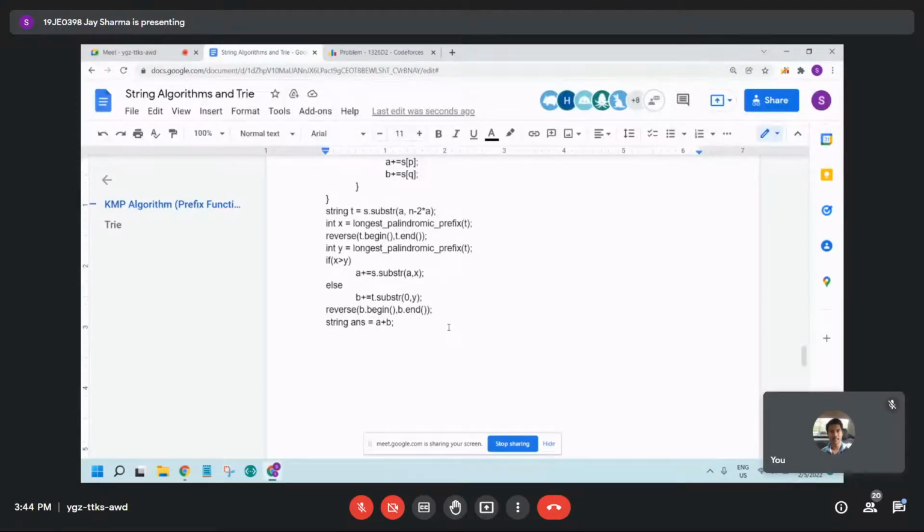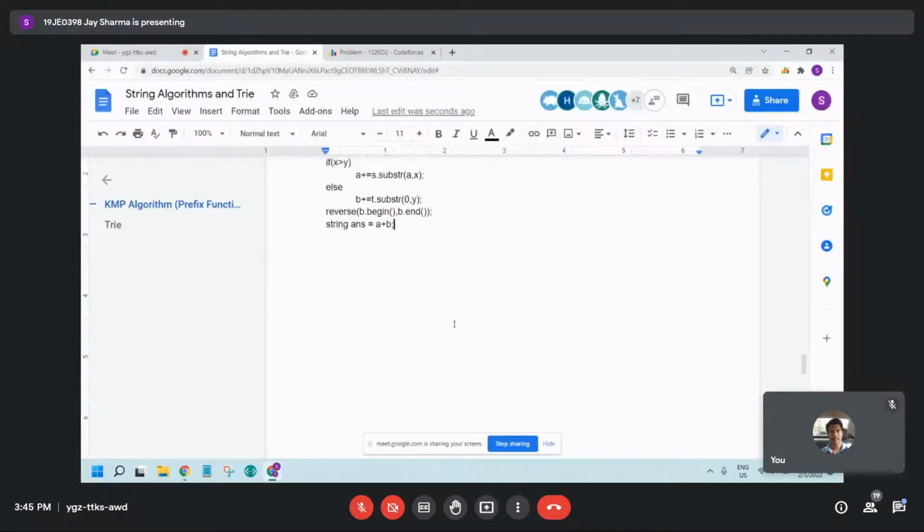And like prefix function, you also have something called a Z function. You can go through that also. It is similar to prefix function, but something different. So have a look at the Z function once. And I think we should move to the next part.